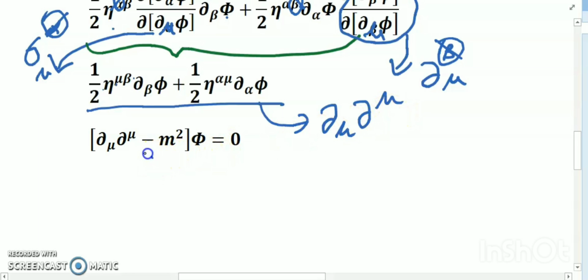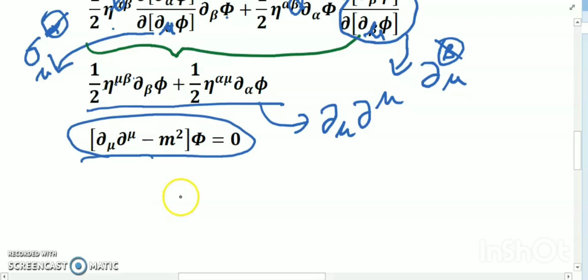So del mu del mu phi is equal to m square phi. This is the Gordon equation. This equation is called the KG equation, meaning the Klein Gordon equation.